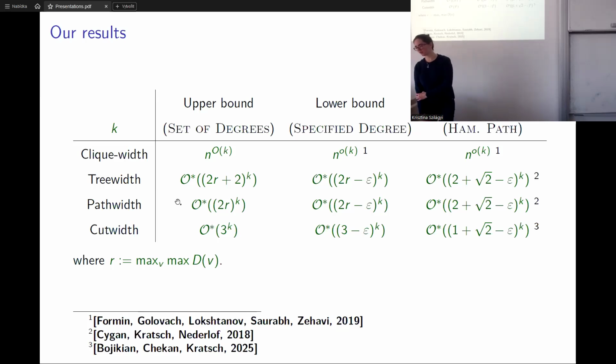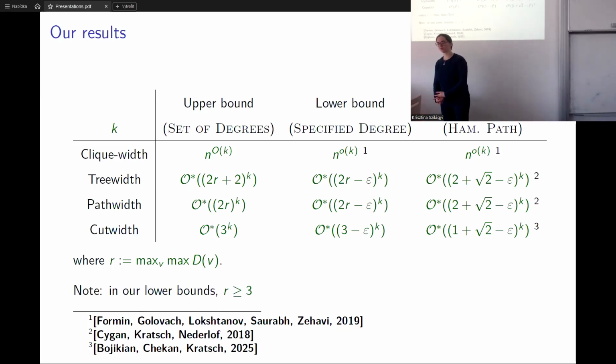We note that our bounds are similar to the bounds of Hamiltonian path, where this R here is the largest possible required degree. Just one note: in our lower bounds, R is at least 3, so we cannot use them to deduce lower bounds for Hamiltonian path.